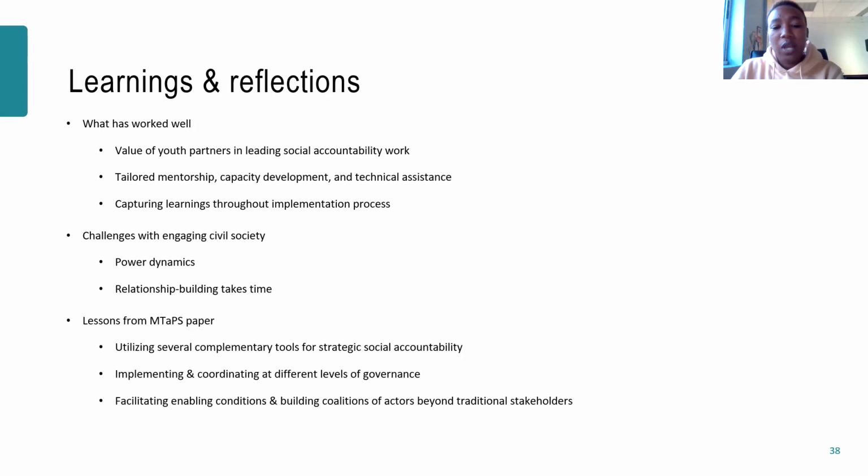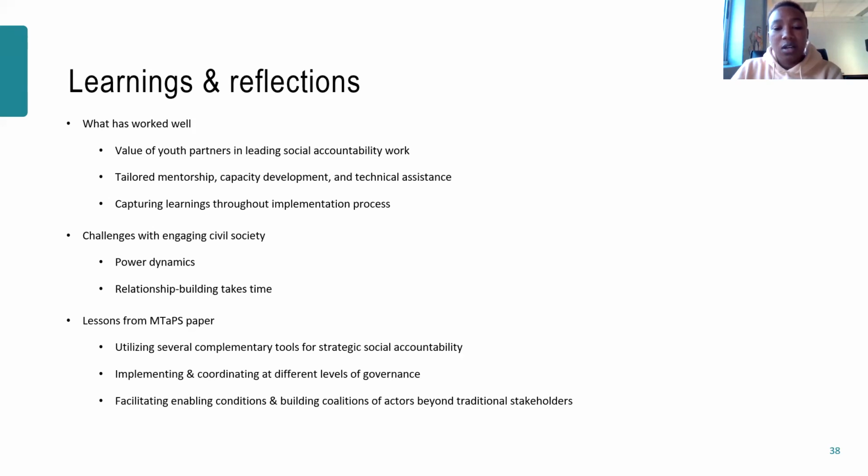We've also seen tailored mentorship, capacity development, and technical assistance as a learning and reflection. There's continuous communication and support between the different partners, and so we find that turning to the needs of the partner also helps us to implement youth-led social accountability better.